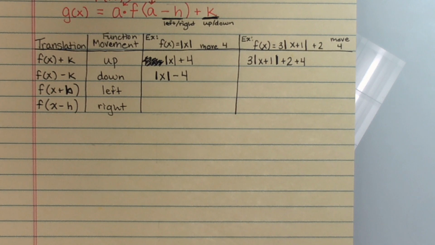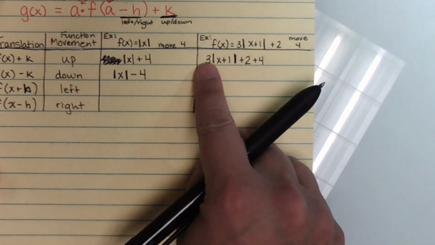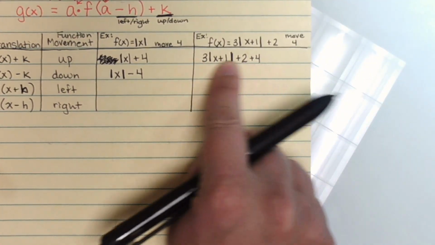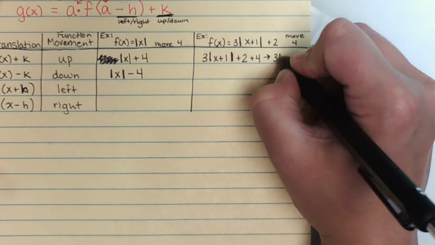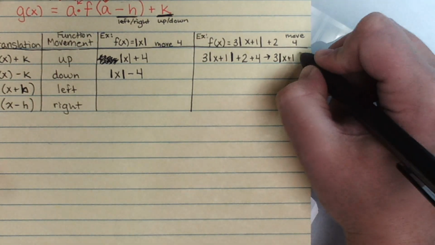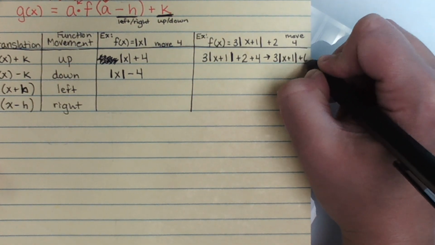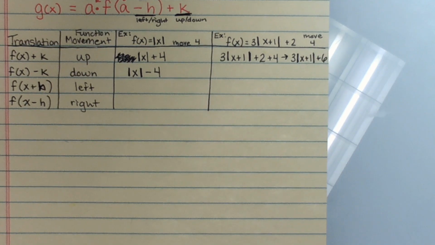We just added something to the very end. Can I simplify any of that? What gets simplified? 2 plus 4. Everything else stayed the same. Becomes a plus 6.